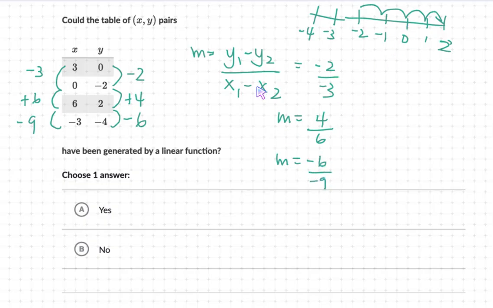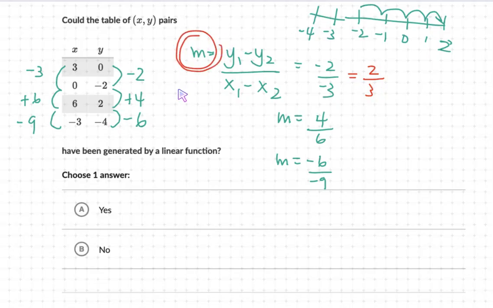Now here they look like they're different, but I'm a little tipped off that something's going on because I'm seeing a lot of numbers that are divisible. So first of all, that means I have to simplify. -2 over -3, I'm going to simplify to positive because negatives cancel out to positive.